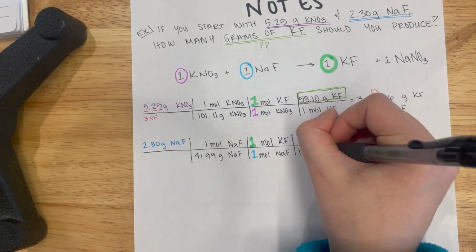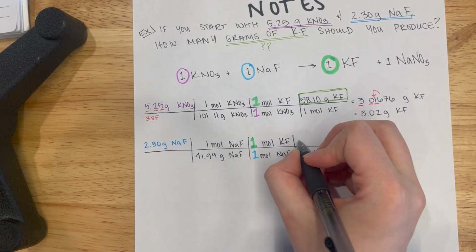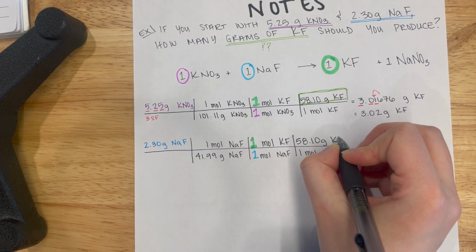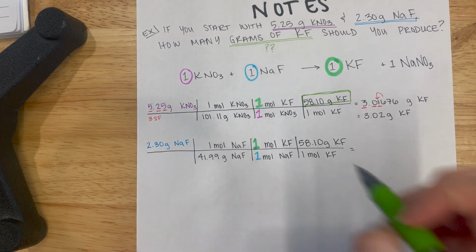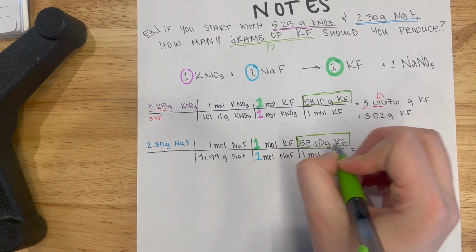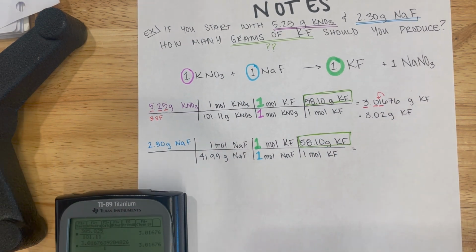And then we go 1 mole of potassium fluoride, and we already calculated up here that its molar mass is 58.10 grams of potassium fluoride. That gets us to our desired units, that's answering our question.